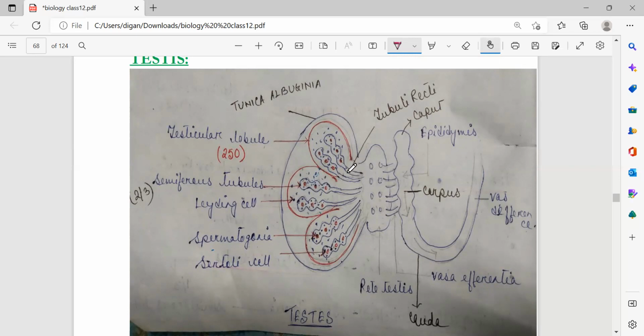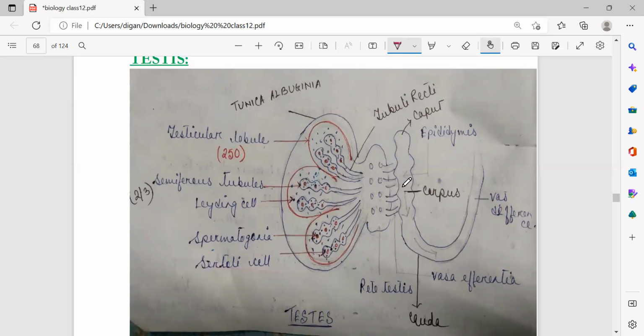And these are known as, sorry, tubuli recti. Then from these seminiferous tubules, the sperm comes into the rete testis. From the rete testis, with the help of the vasa efferentia, these duct-like structures, it goes to the epididymis.